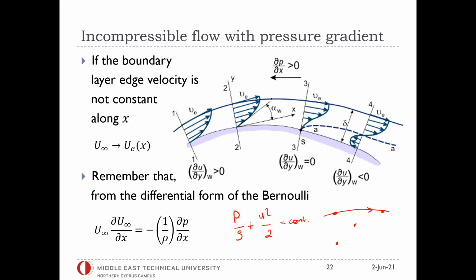So basically, what we say is, just outside the boundary layer edge, we are in the inviscid region, or in fact we can maybe call it the irrotational region. Then we can use the Bernoulli equation, because the Bernoulli equation is not valid whenever we have viscous effects.